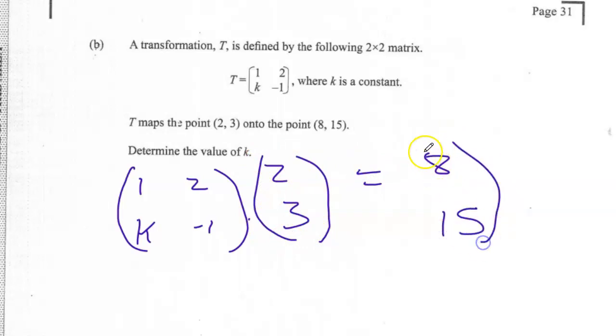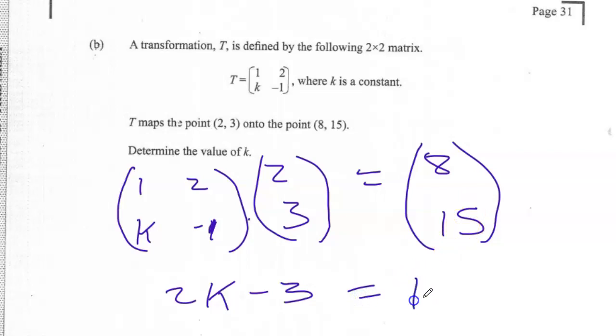15. Alright, so let's expand. Apply the top row: 1 times 2, that's 2, plus 2 times 3, 6, so 2 and 6 give us 8. Now apply the bottom row to the column: k times 2, that's 2k, minus 1 times 3, that's minus 3, should be equal to the bottom number 15.